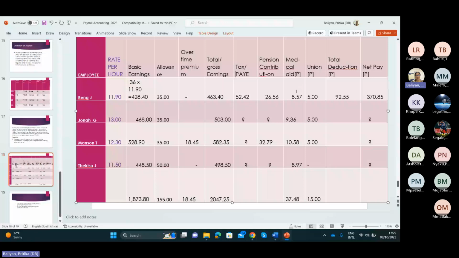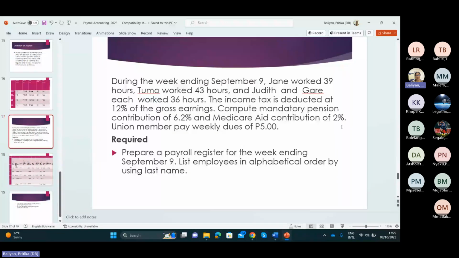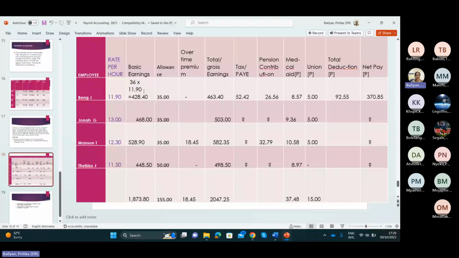For medical contribution, it is 2%. Medical contribution is 2% of the basic earning, right? So basic earning is 428 pula and 40 thebe.